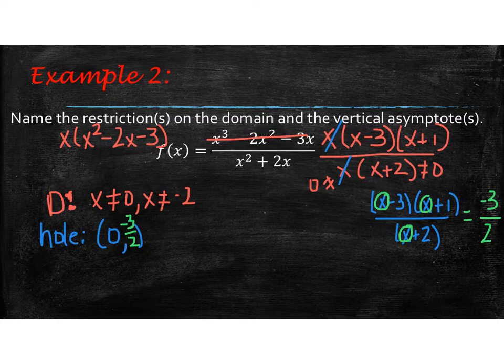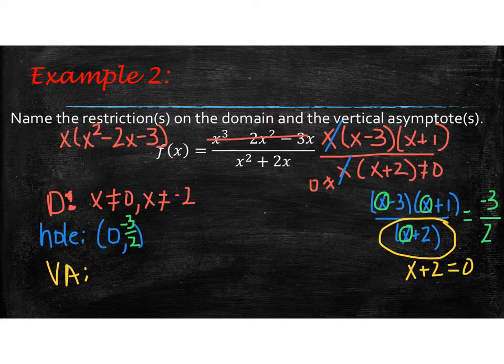Okay, then the last thing is your vertical asymptote. The vertical asymptote comes from anything that's left in the denominator. So this factor is left in the denominator. So we want to take that x plus 2 and set it equal to 0. So that's going to give me a vertical asymptote of x equals -2.